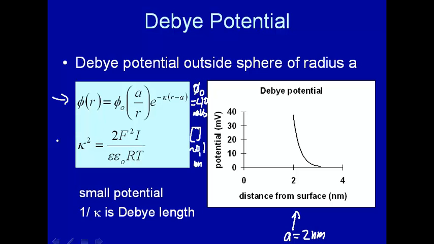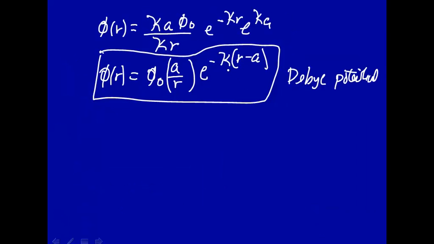Let's look in more detail at this kappa. 1 over kappa is the Debye length. So let's write this term here as e to the minus (r minus a) divided by 1 over kappa. So 1 over kappa governs how fast this exponential is going to die off.